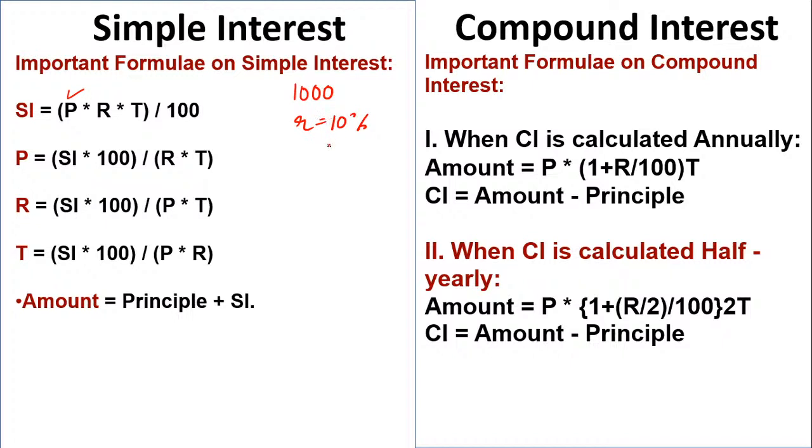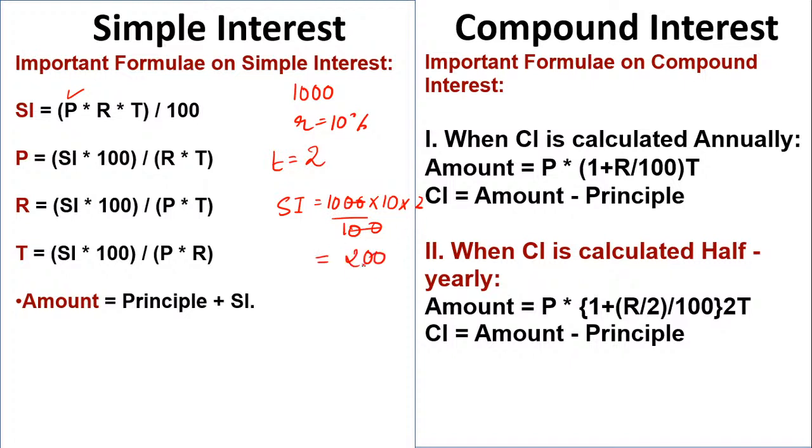Say you have to do this for 2 years. Then what will be the simple interest? It will be 1000, which is the principal, into rate, which is 10 upon 100, and time equals 2 here. So all the zeros will be cancelled, and the simple interest will be 200.